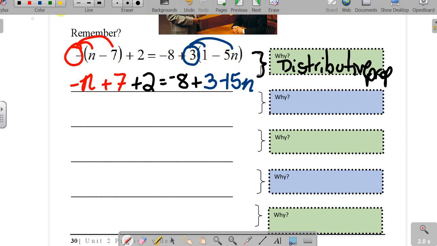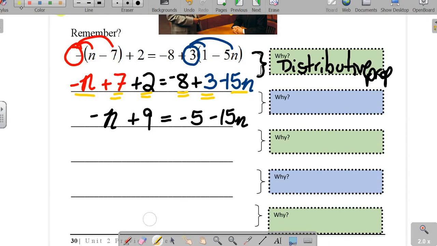Okay, now watch what we do next. What we did was what you commonly see as collect like terms.